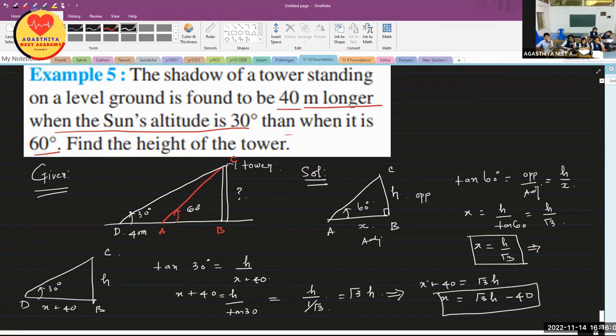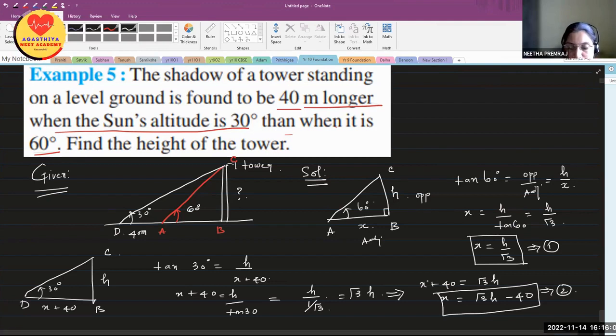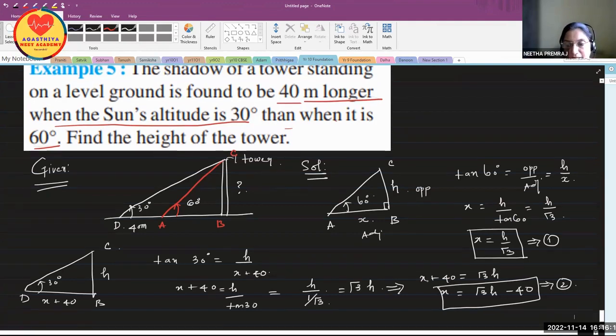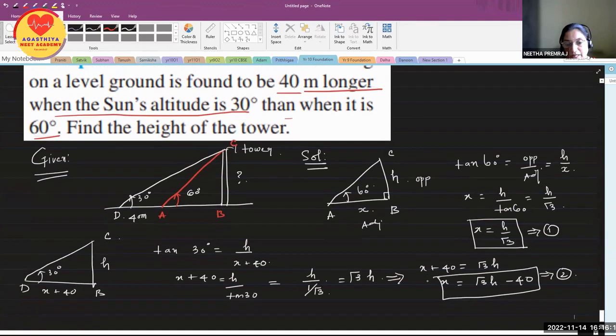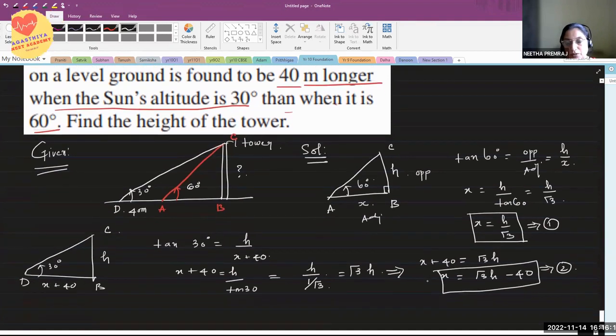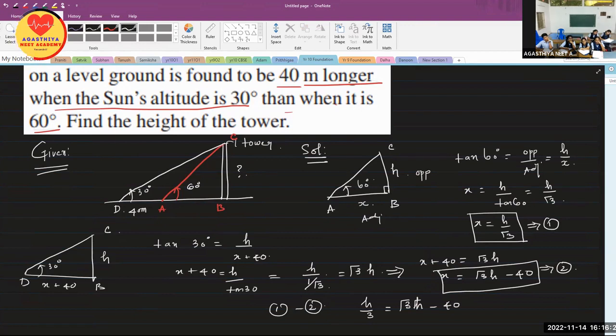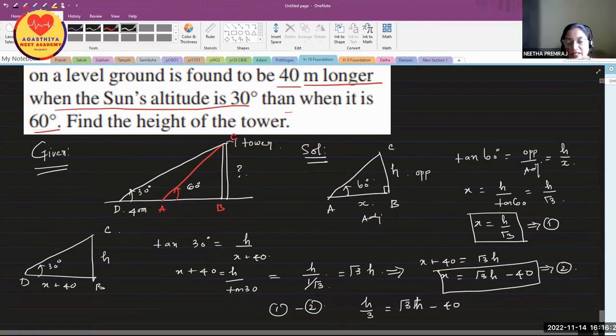Now this is from 1 and 2. Both are x values, so you can compare, isn't it? So 1 equal to 2. So h by root 3 equals root 3 h minus 40. What I do, I take like terms one side.